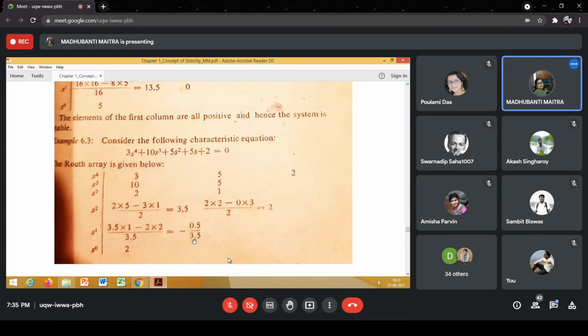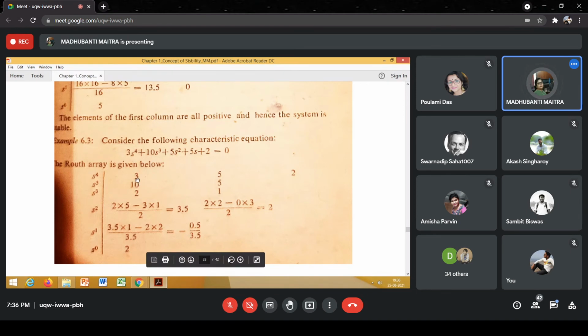Now we'll have to address the second part as well. How many roots of the characteristic equation, or how many closed loop poles of the system, are lying in the right half of the s-plane? That will be equal to the number of sign changes of the terms appearing in the first column of the Routh array.